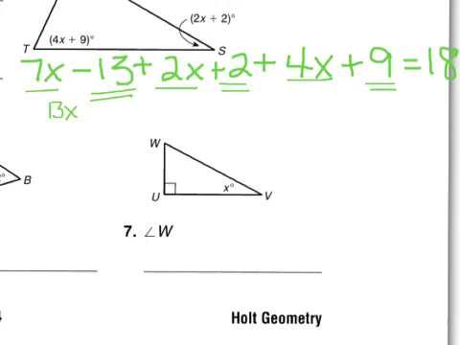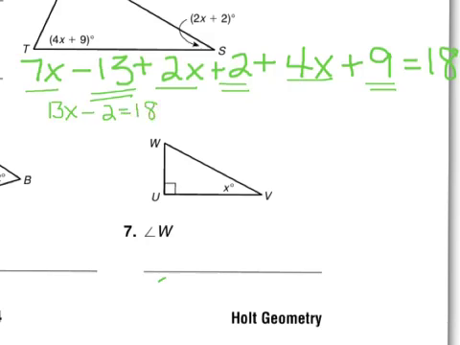What do those add together to? Negative 13 plus positive 2 plus positive 9. Ian? That's right, negative 2. Good. So 13x minus 2 equals 180.